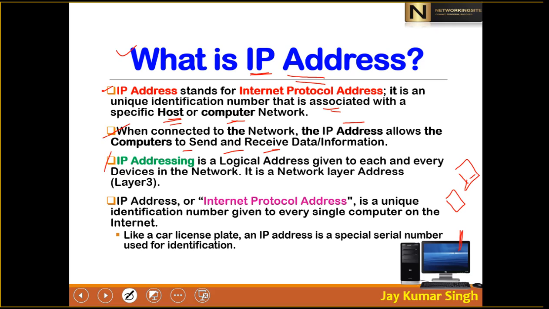You can assign an IP address only to layer 3 devices, not to layer 2 devices. You cannot configure an IP address on switches or a switch interface. You can only configure an IP address on layer 3 devices. We'll come to know which devices come under layer 3, layer 2, like that.